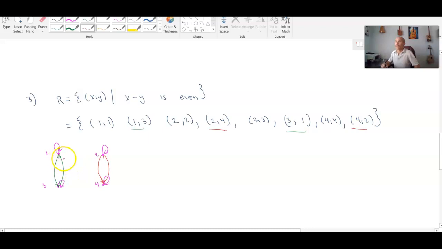And since for every element that maps to another element, that other element maps back to the first, since we have arrows going both ways, we are going to conclude that for all x, y in the relation, y, x is also in that relation, R is symmetric.